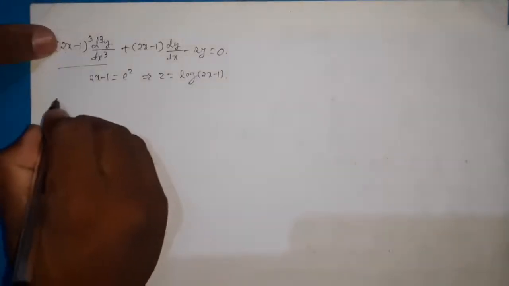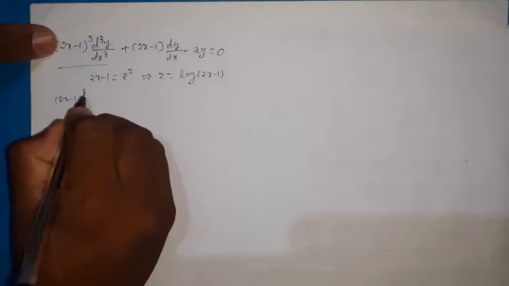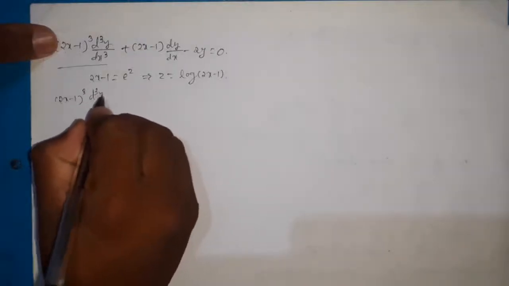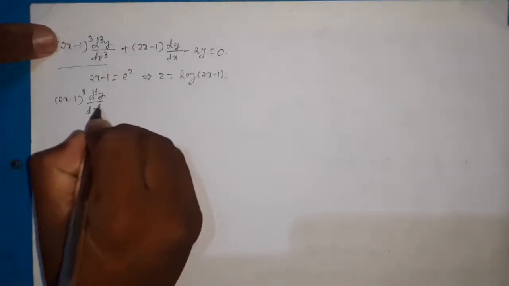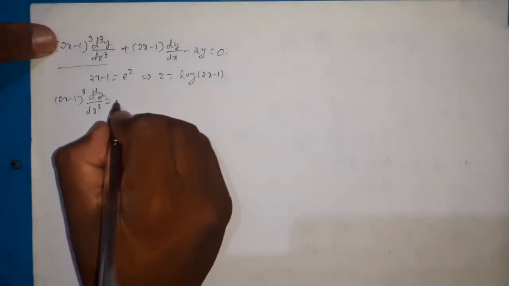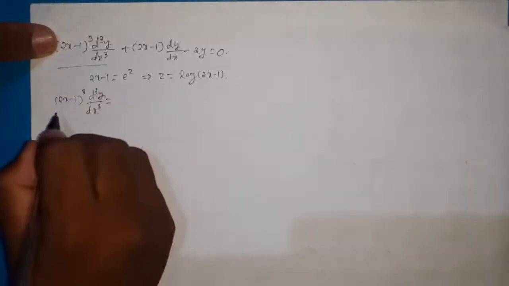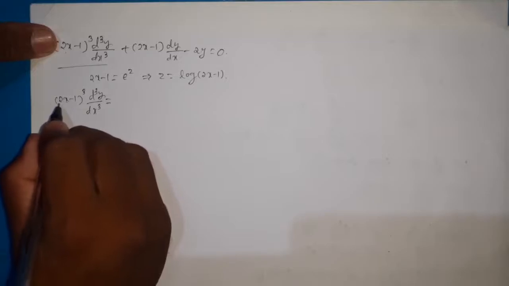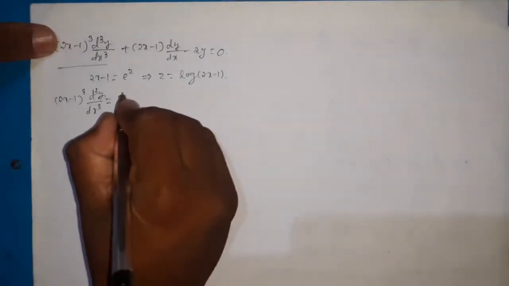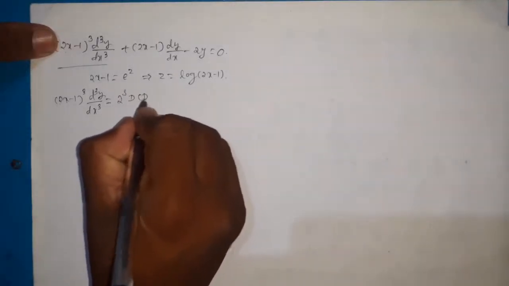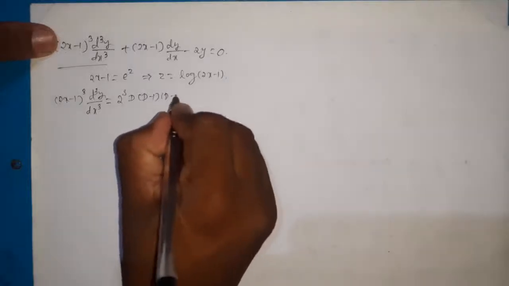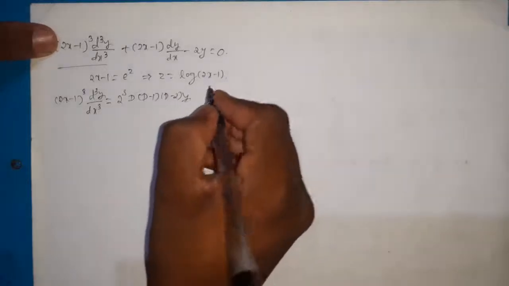So therefore here (2x minus 1) whole cube d cube y by dx cube is equal to b cube. Here b is coefficient of x, here coefficient of x is 2, so therefore 2 cube D into (D minus 1) into (D minus 2) y.